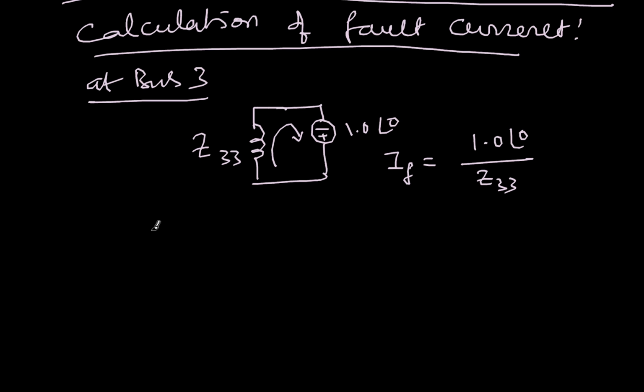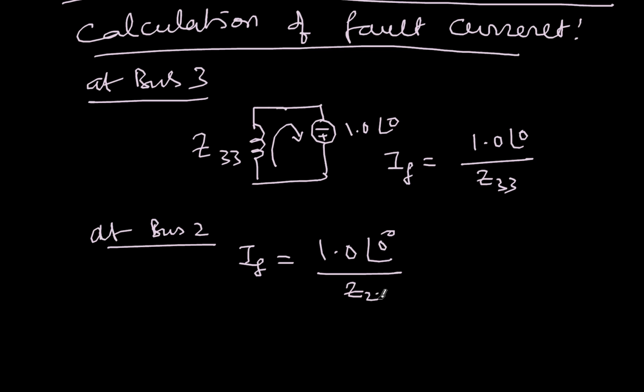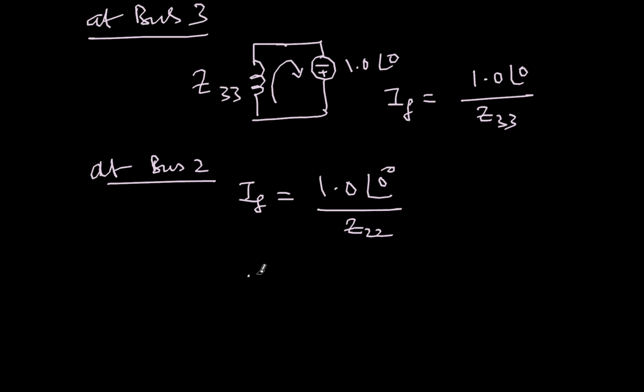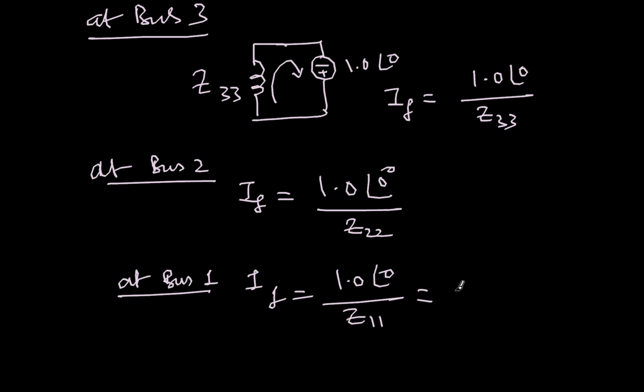With the same logic, at bus 2, IF will be 1.0 divided by Z22. And at bus 1, the fault current will be 1.0 divided by Z11.